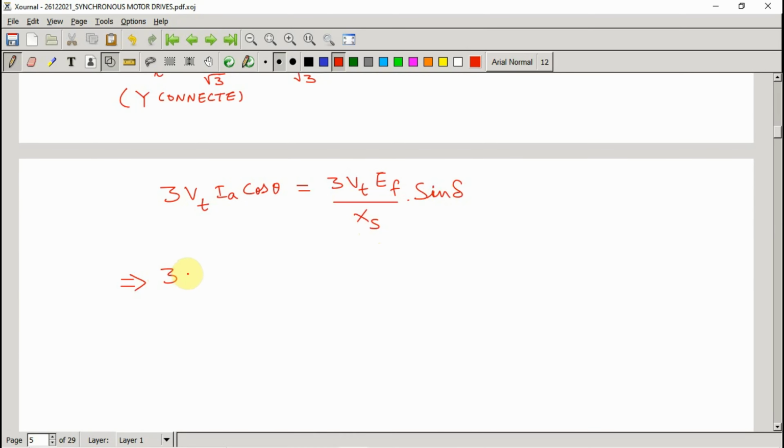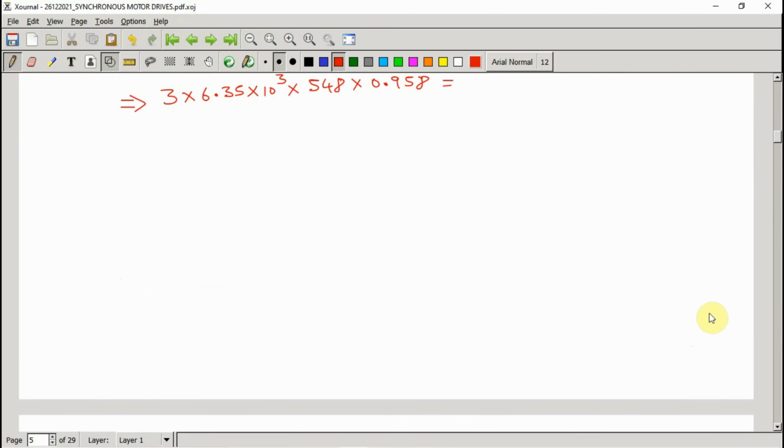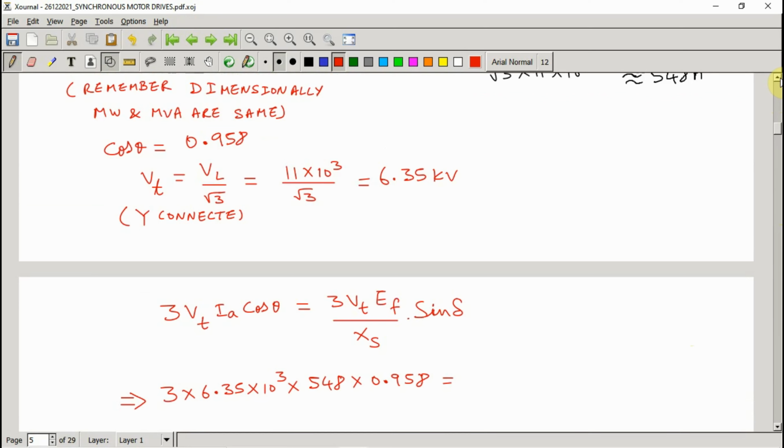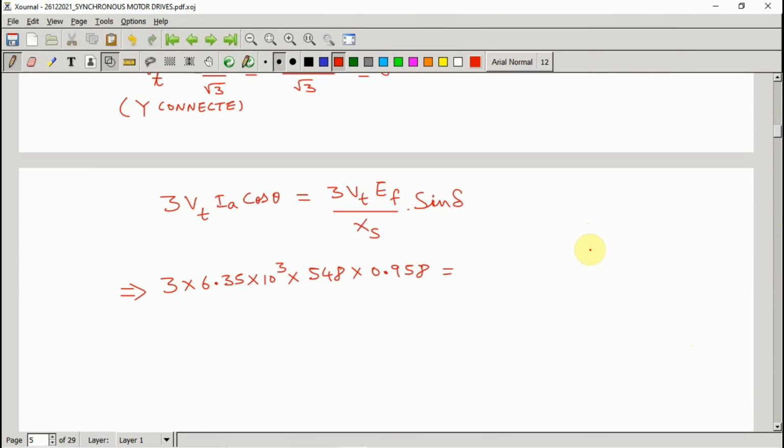We know Vt is 6.35 kilovolt, that means into 10 to the power 3. Ia is 548 ampere. Cos theta was 0.958.